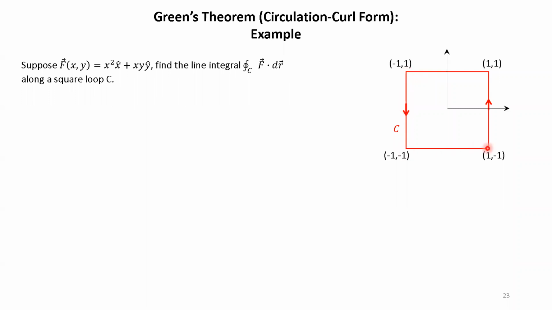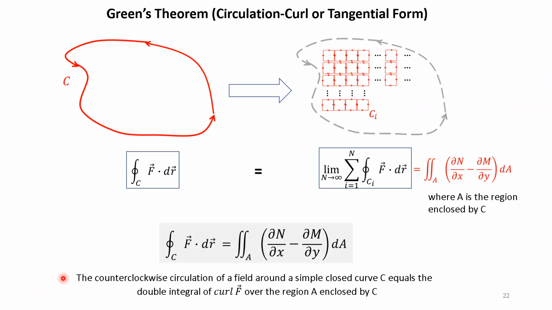Now what we are going to do is make use of what we just learned. Instead of actually doing this line integral following the loop, I'm going to treat this as a double integral of the circulation density.